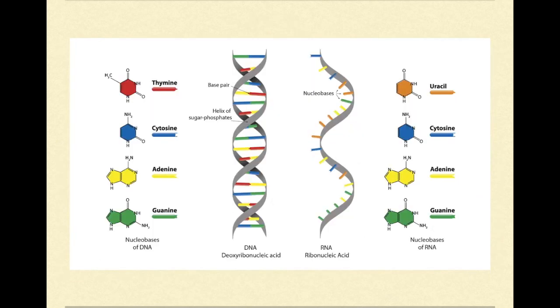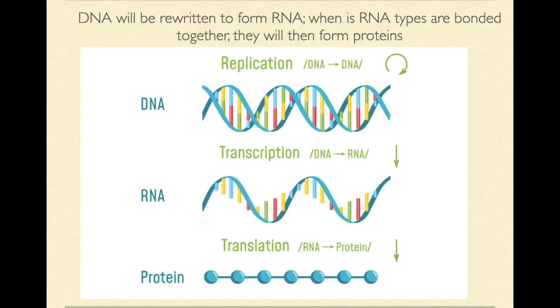Here we can take a look at the DNA and contrast that with the RNA. And here you can see DNA to DNA, we're making more DNA parts, that's replication. But then when we have the mRNA kind of rewrite the DNA, that's transcription. That happens in the nucleus.